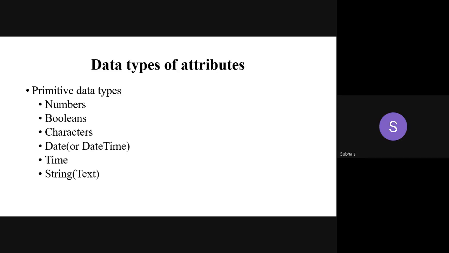Normally it is mentioned as date separately and you can have time also. Date can also be specified as date time. And the last one is string, a group of characters. Just a text can be represented using string. These are the primitive data types that can be applied for attributes.